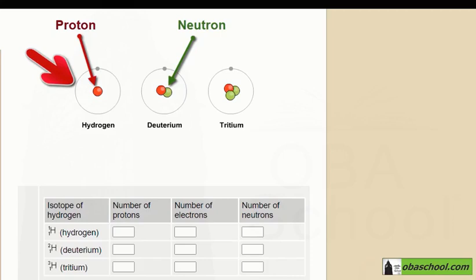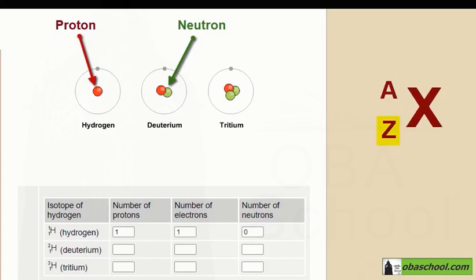Well, in the first case, we have 1 proton and 1 electron, since it's a neutral atom. And as you can see, it has no neutrons inside the nucleus, so it has 0 neutrons. Actually, even though we're not provided with a figure, we can determine the numbers.